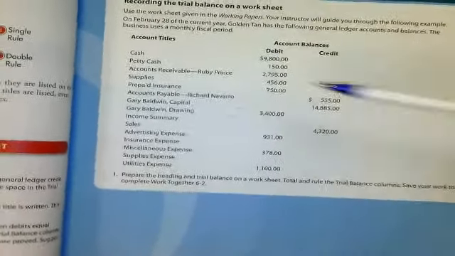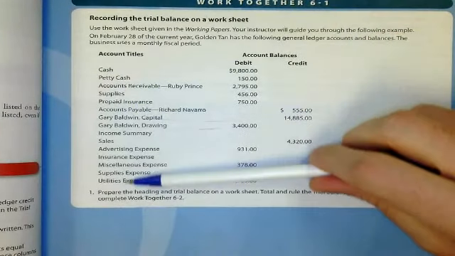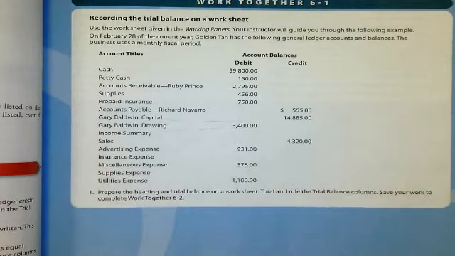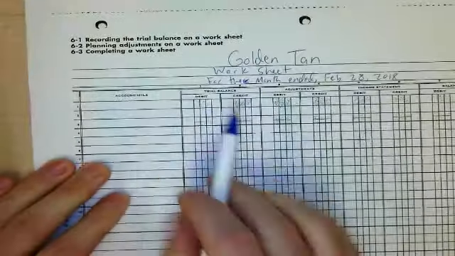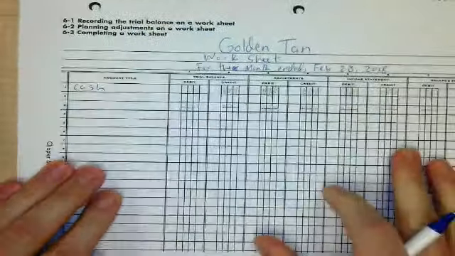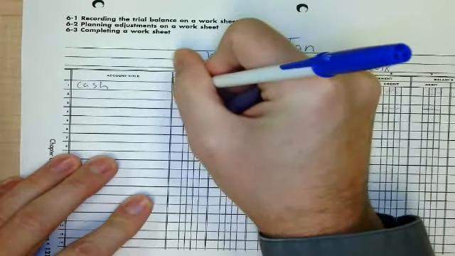Now, all we have to do is list our accounts and their debit and credit parts. So, first account is cash. It has a $9,800 debit balance.